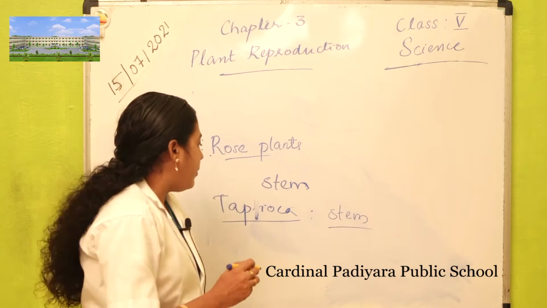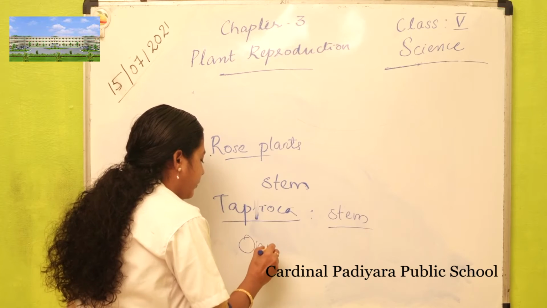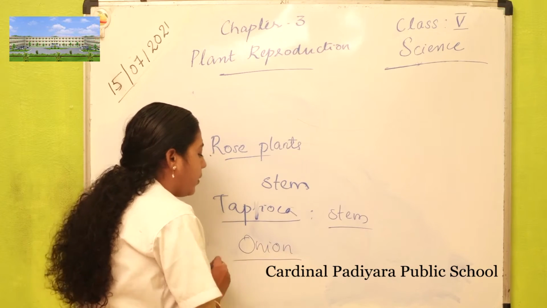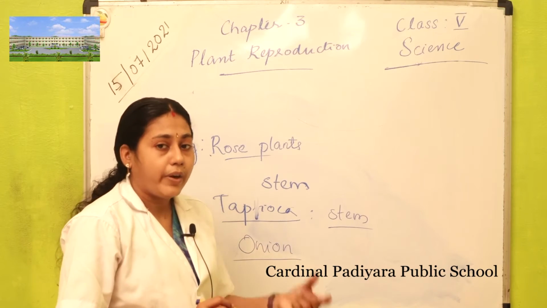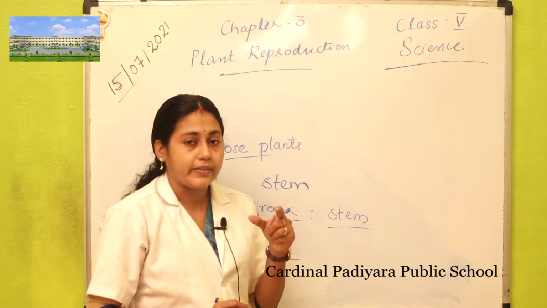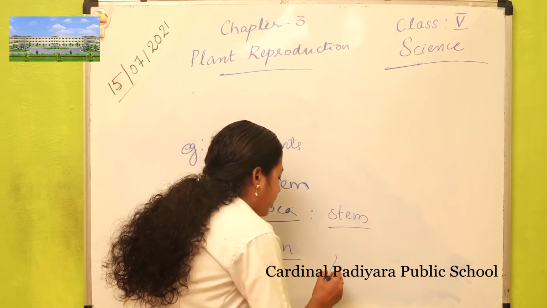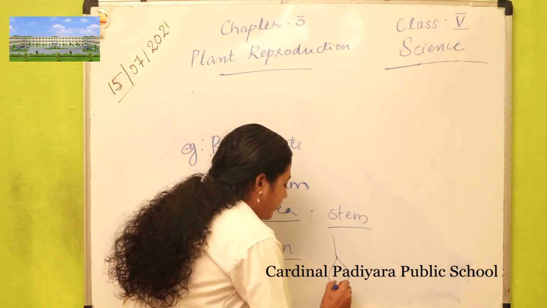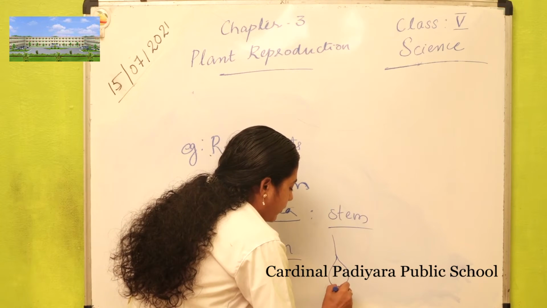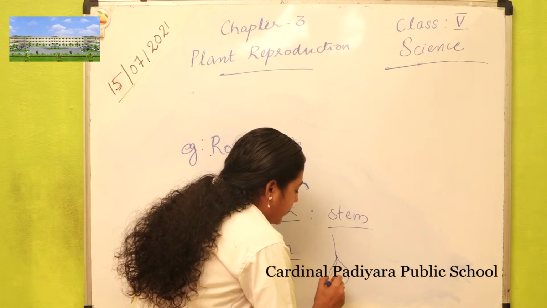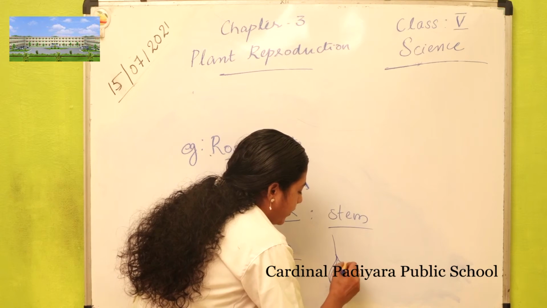Then what about onion? What is the edible part of onion that we eat? This is the part which we use, isn't it?